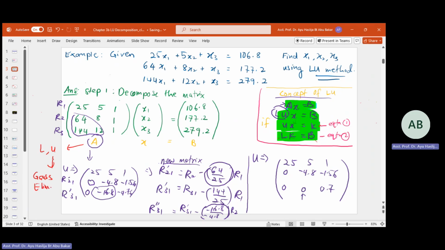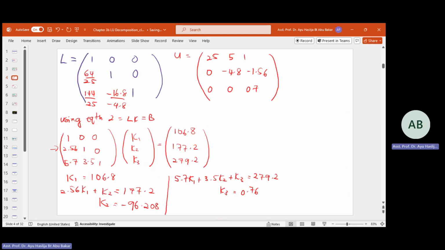In matrix U, where you need to zero this part, the factor used to zero that part will be used for the L matrix. So this value will be input into the L matrix, this one.